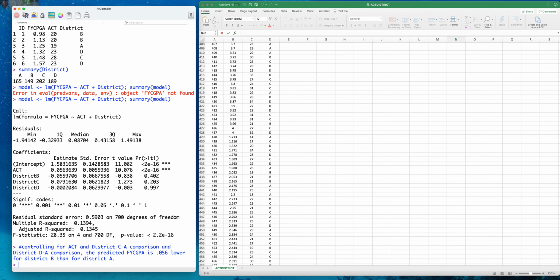What if we want to compare District B with District C? Well, we can't do that with this analysis. We would have to run another analysis to make that happen.